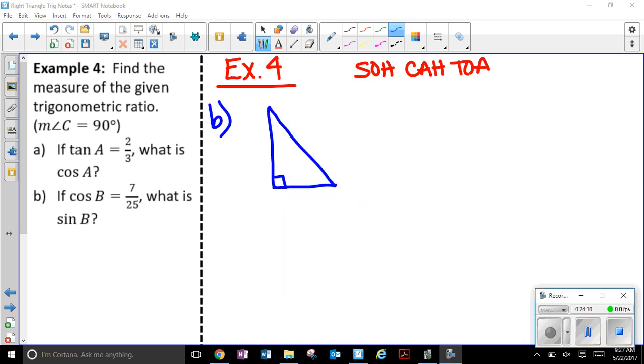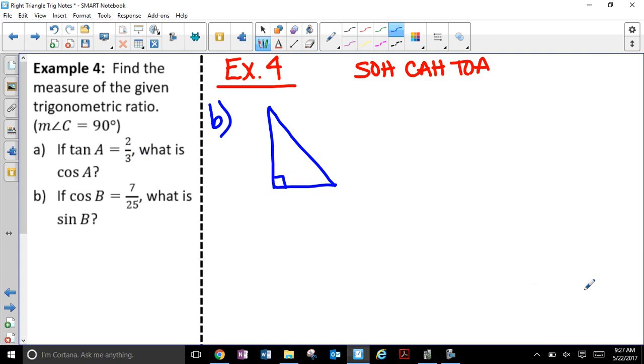All right, so for part B now, again, still angle C is your 90 degrees. I could put A up here and B down here, however you want to arrange that. So now we're looking at B. We care about angle B, okay? And they're telling us that the cosine of B is 7 over 25. So if I look at cosine, remember that's adjacent over hypotenuse.